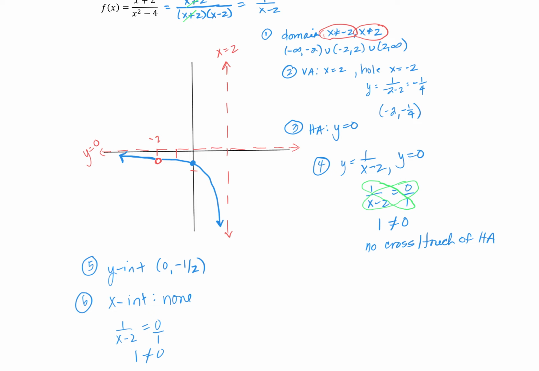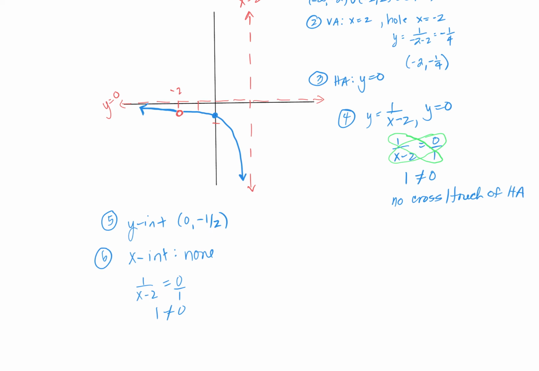And then maybe I'll go ahead and label that hole, negative 2, negative 1/4. And then we have 0, negative 1/2 for our y-intercept. And that's all I need on that side.